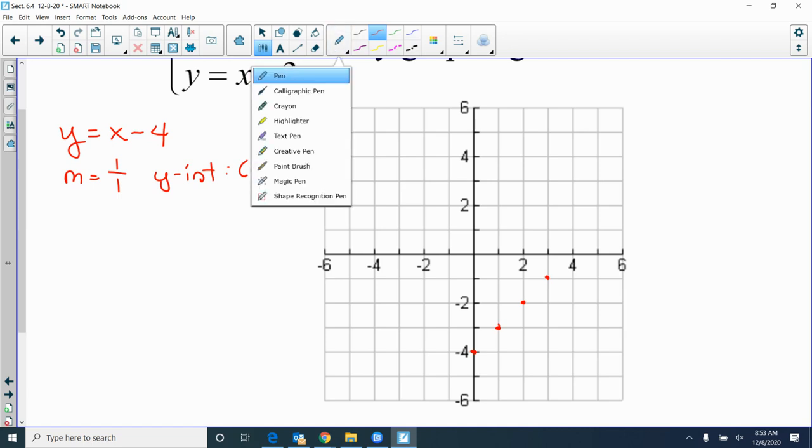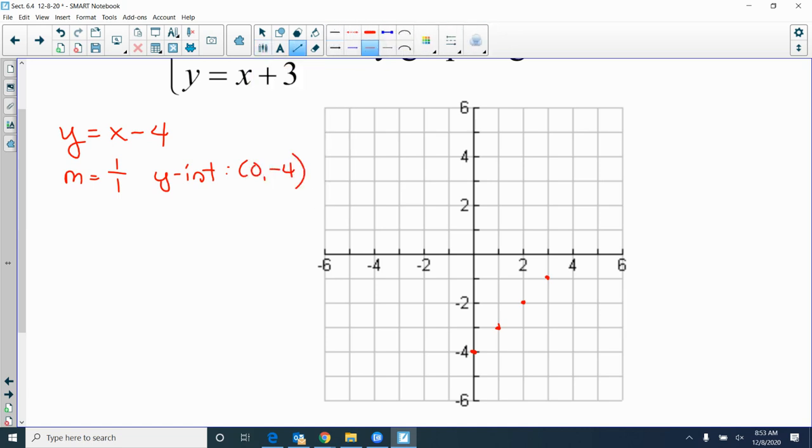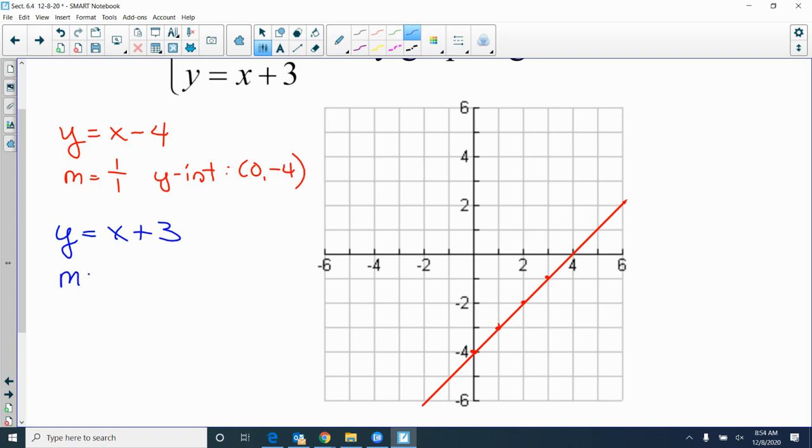So this line looks like that. Now the other line, which is y equals x plus 3, also has a slope of what? 1. The slope's the number in front of the x.